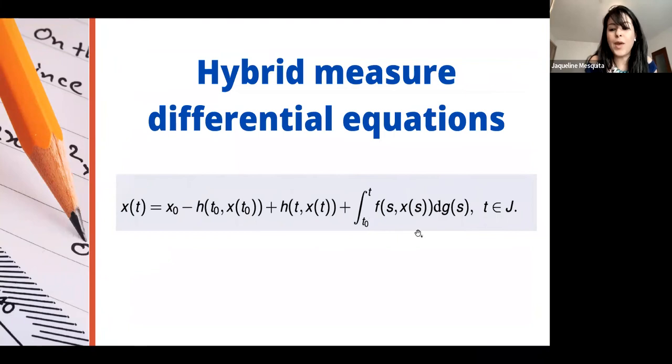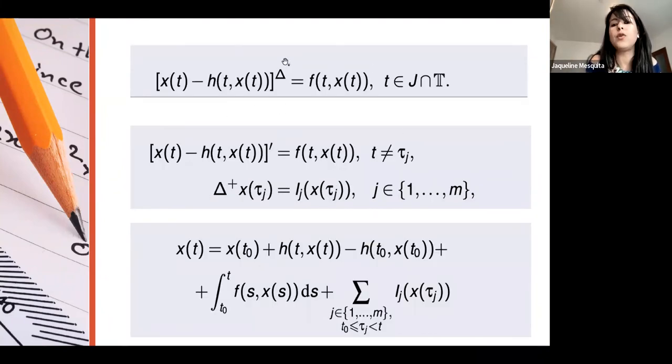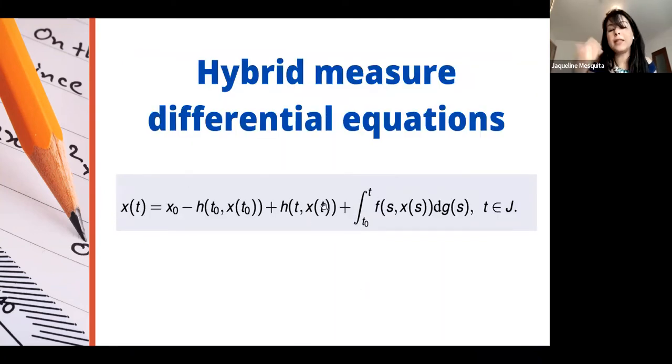So this one is more general, and we can translate all the results that we prove for this type of equation. Also impulsive equations of this type. Here we have this hybrid type, which can be written this way, and we also have a relation between this and this one, and then we can translate all the results from this to this one.